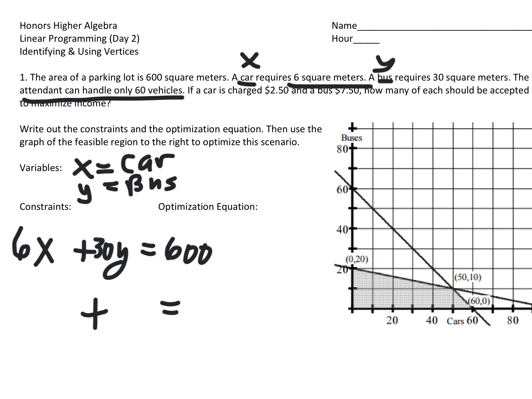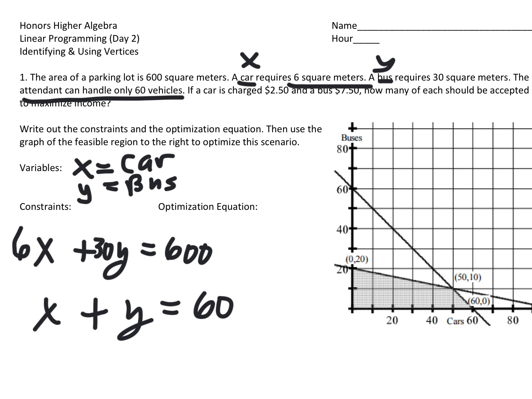I'm going to say it one more time. Use X's and Y's. The attendant can only handle, as in the most he could handle is 60. 60 is what? Wait, I guess it equals 60. But what are the things?